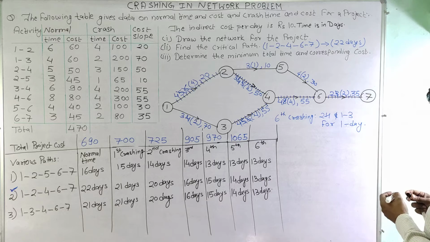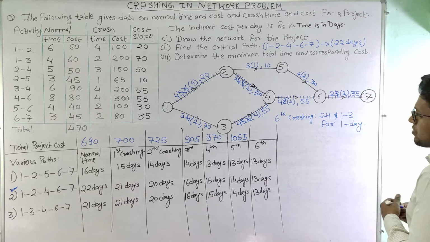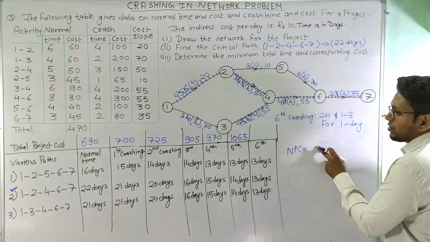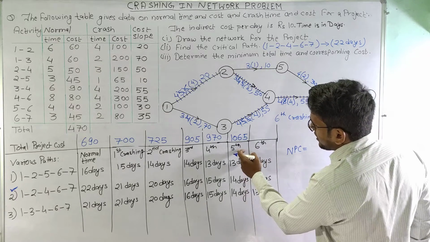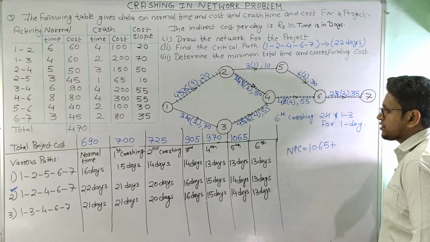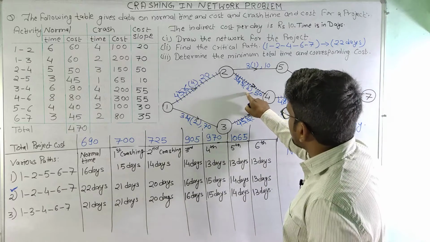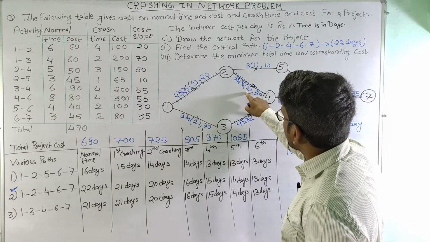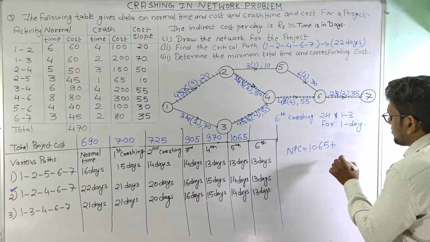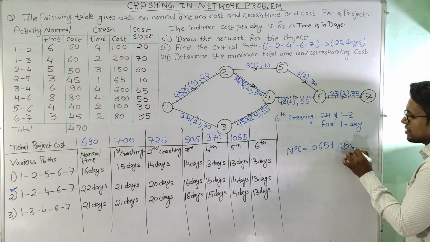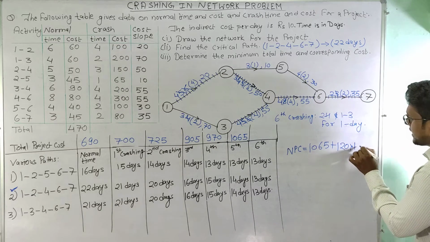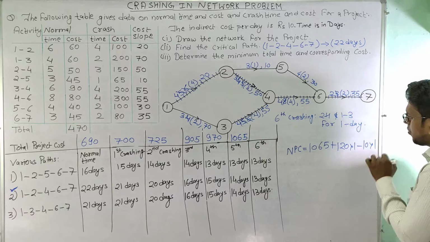Now let us calculate the new project cost. So the new project cost is the previous cost. Previous cost is the cost after 5th crashing, which is 1065, plus crash cost. So we can see that these two activities had been crashed together. So the total crash cost is 50 plus 70, which is 120, multiplied by 1 because it has been crashed for 1 day, minus indirect cost, which is 10 into 1.